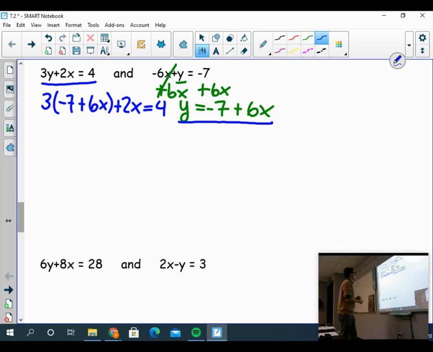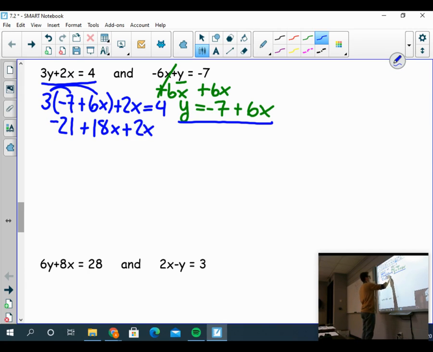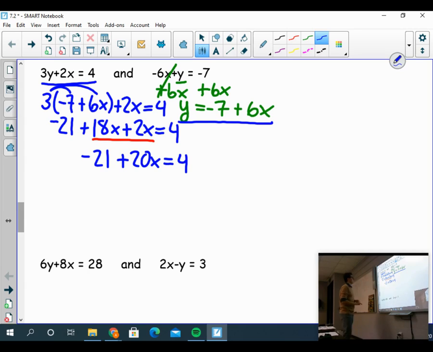Okay? So I'm going to go ahead and distribute, because I want to get x by itself, and I get -21 plus 18x plus 2x equals 4. Combine my like terms here, and I get -21 plus 20x equals 4.